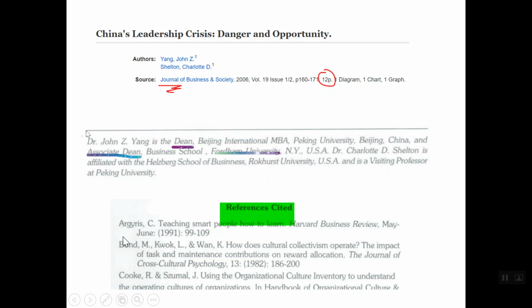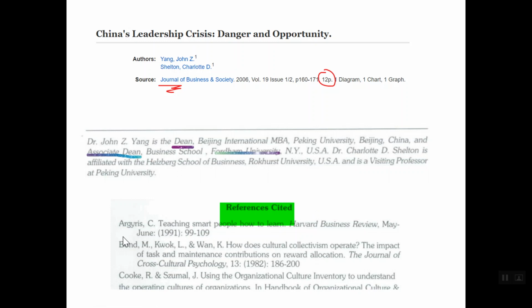And it has an author note within the pages. The author, one of the authors, Dr. John Z. Yang, is the Dean of Beijing International, and he is also Associate Dean of the Business School at Fordham University in New York. So you can rest assured that he knows what he's talking about.